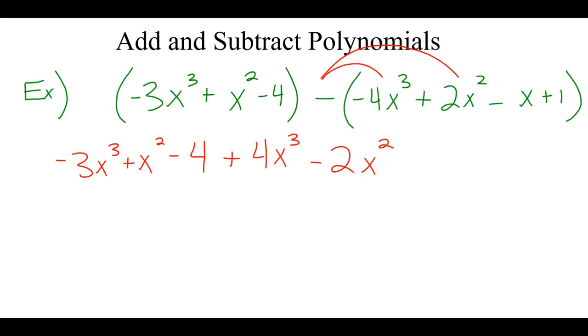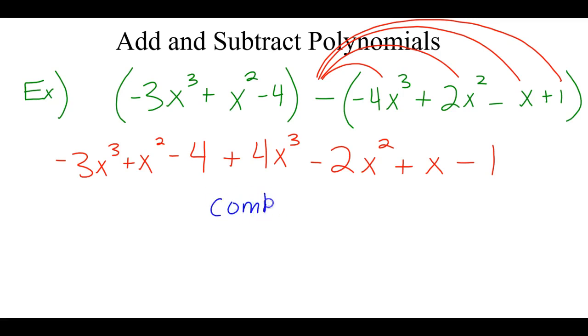And then we have to minus negative x, which is plus x, right? Minus a negative is plus. And then we have to minus 1. And now we're just back to the one we just did a second ago. Now we just combine like terms. So there's just like one extra step in there. You just take the negative through.